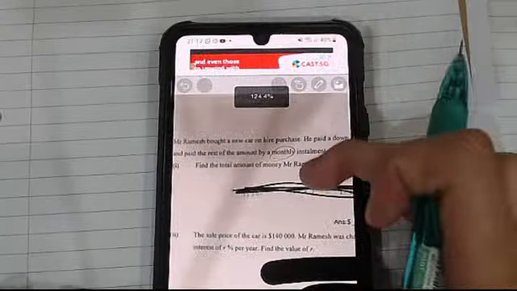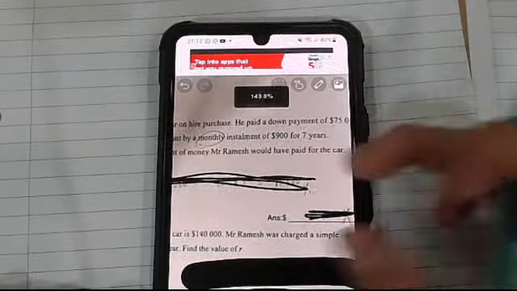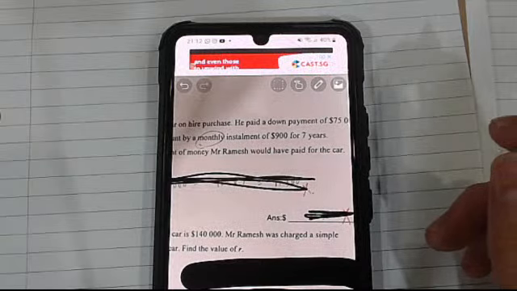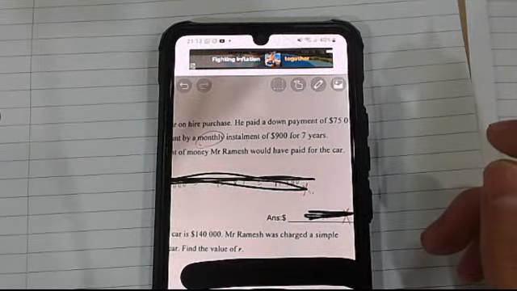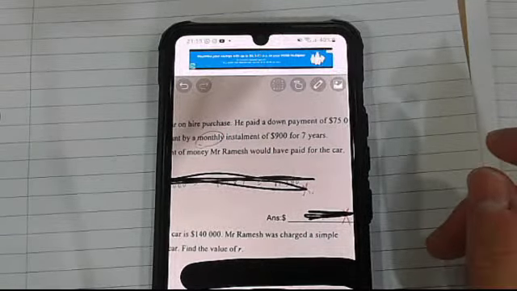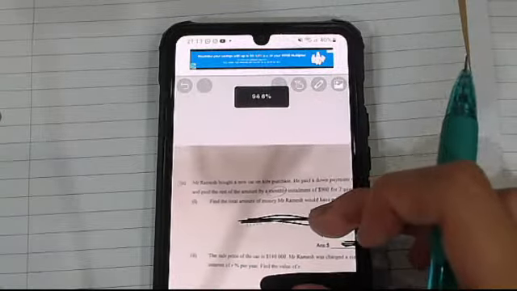Still Ramesh bought a new car on hire purchase. He paid a... yeah, I'm using IBIS Paint. Wait, I want to see the marks. You don't get to see the marks.